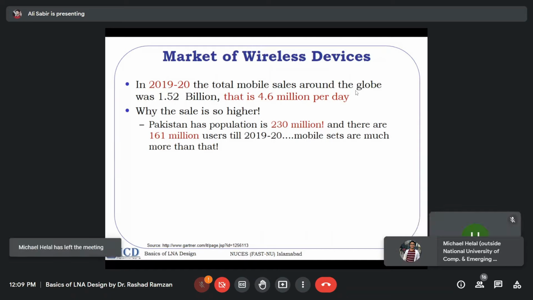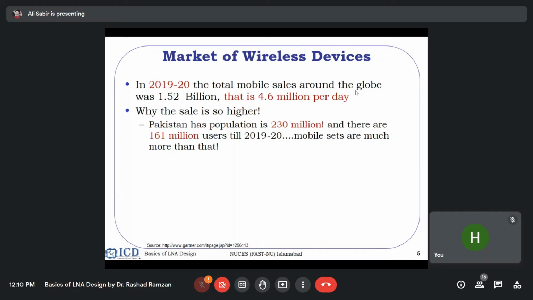If you look at Pakistan, we have a population of 230 million people, and we have almost 16 million users already in Pakistan, and some of the users have more than one mobile device. So how many of you have more than one mobile? Can you raise your hand?